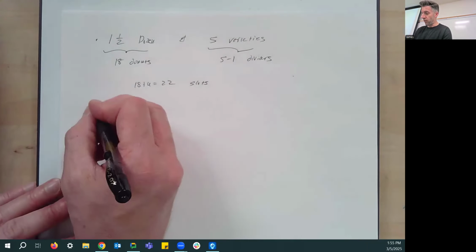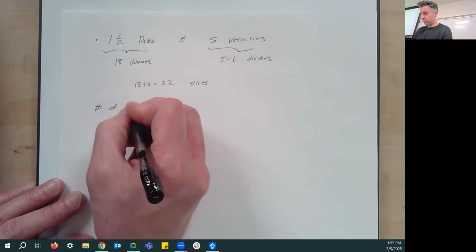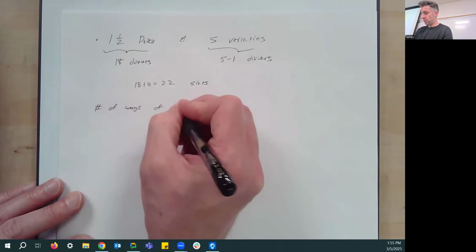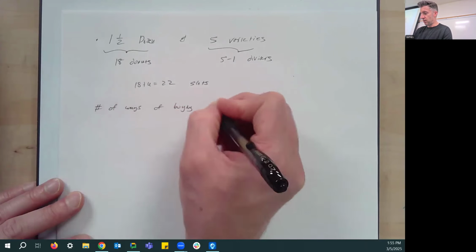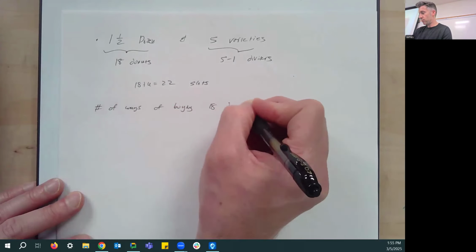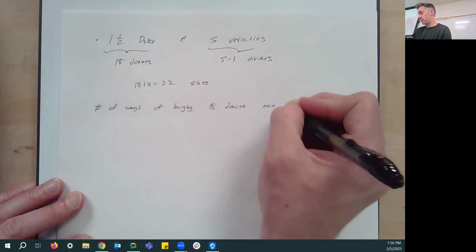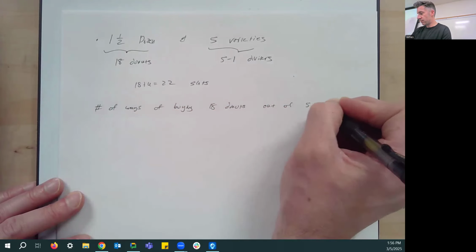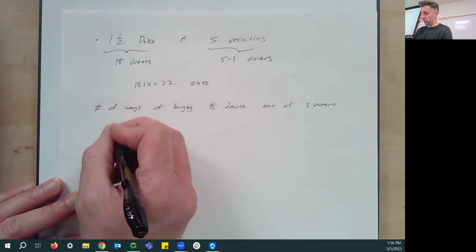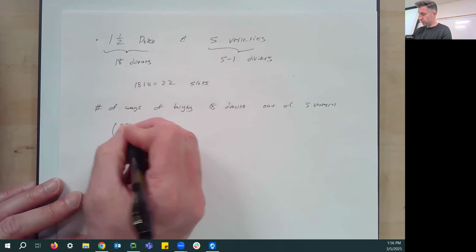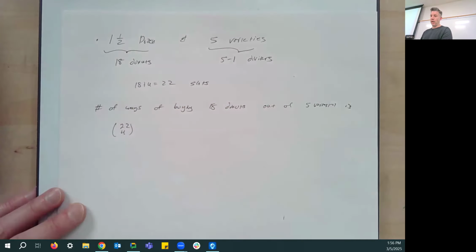So the number of ways of buying 18 donuts out of 5 varieties is something crazy like 22 choose 4. Which I suppose we could calculate.